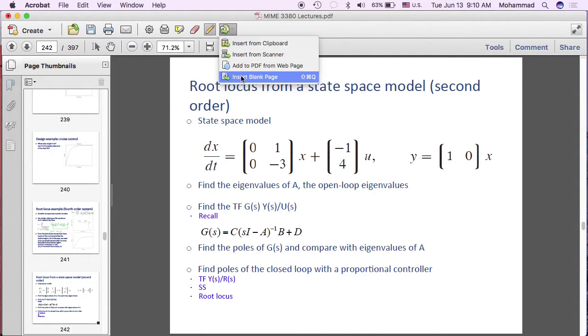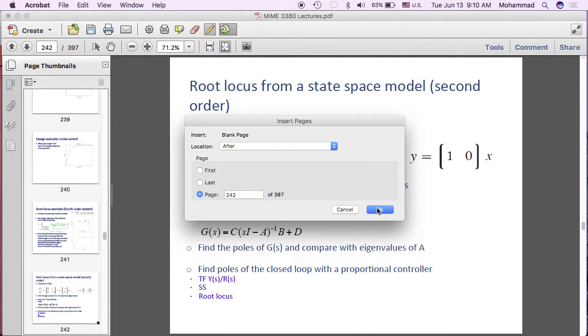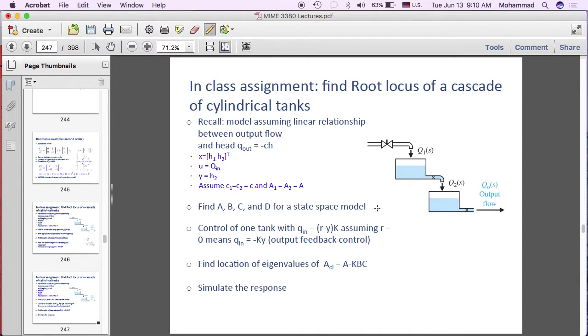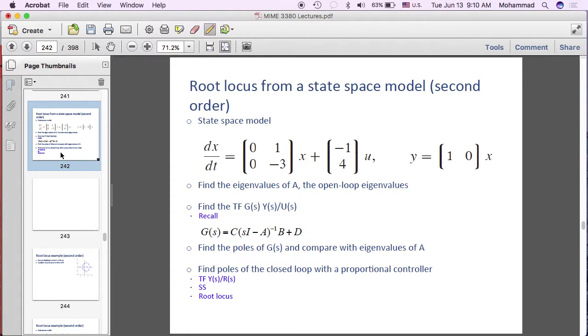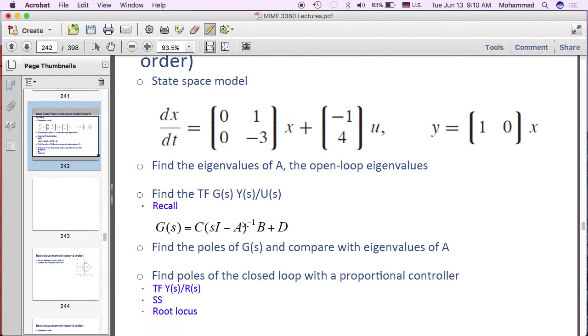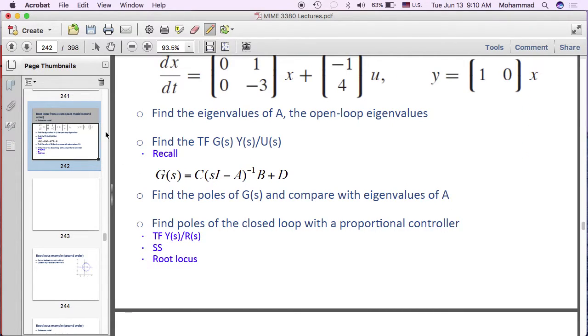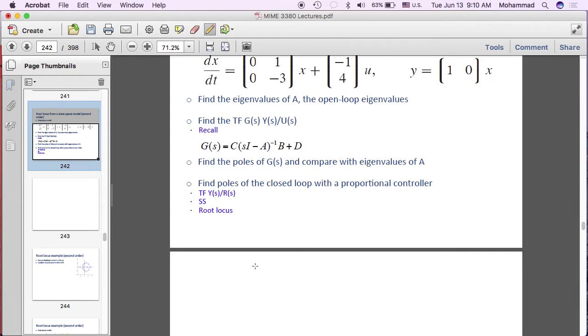So go ahead and calculate the open loop transfer function. And before that, please calculate the eigenvalues of matrix A also.